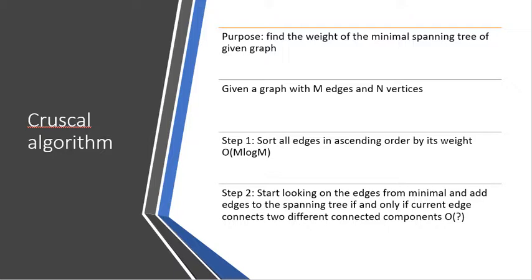The asymptotic of a usual sort is m multiplied by logarithm of m. It's the usual approach. Then let's start looking at the edges from minimal weight, of course, and add edges to the spanning tree if and only if the current edge connects two different connected components.